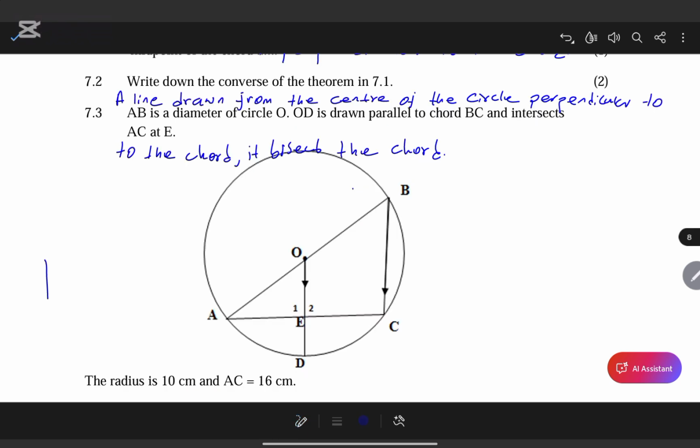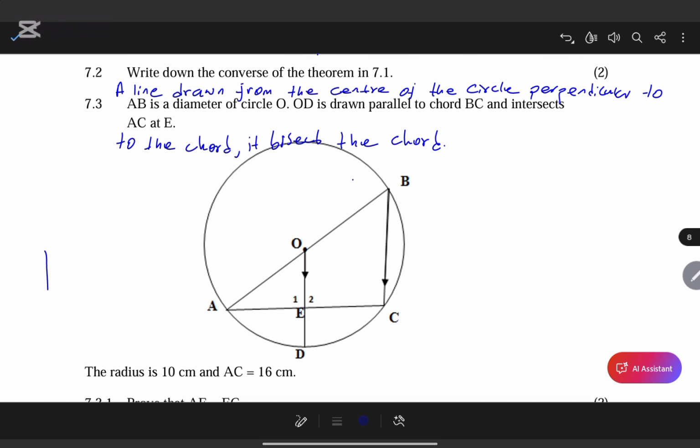In question 7.3, they say AB is the diameter of the circle O. So O is the center of the circle. They say OD is drawn parallel to the chord BC. We can see it is marked here that these two lines are parallel.